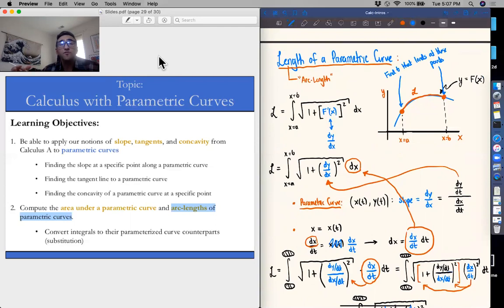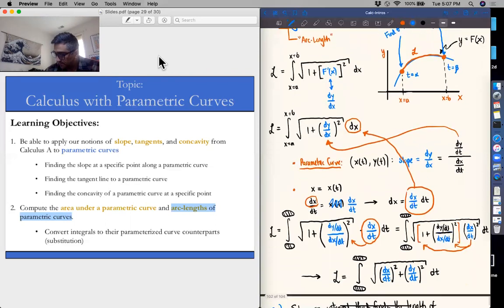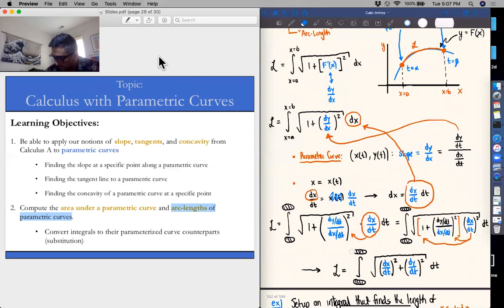For some notation, let's call t equals alpha the t value that lands us at the point when x equals a, and let's call t equals beta the t value that lands us at that point along the curve when x is equal to b. So that is how we can compute the arc length along a parametric curve.